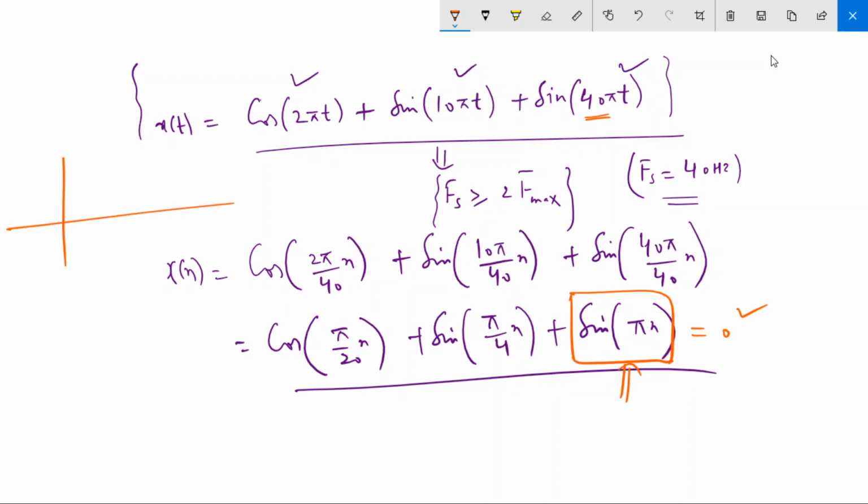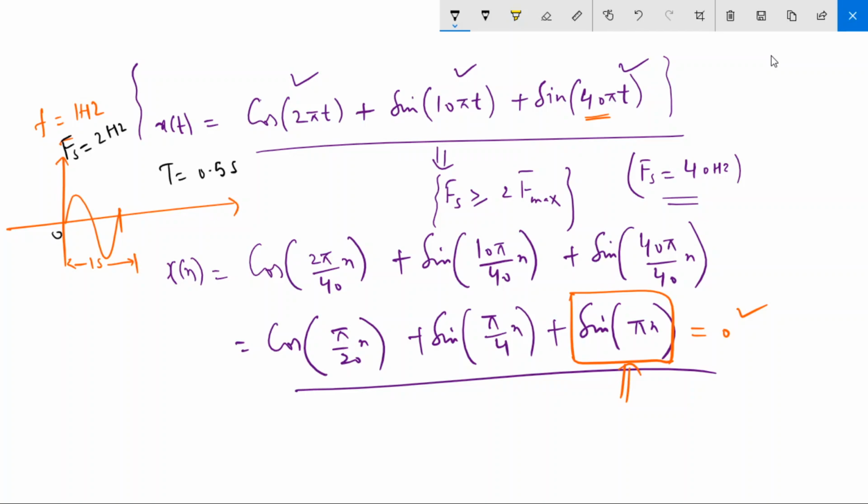This is true for any signal. Suppose you have a sine function with a frequency of 1 hertz, which means the period is 1 second. Let us suppose I choose the Nyquist frequency as the sampling frequency, that is 2 hertz. A 2 hertz sampling frequency means the sampling time is 0.5 seconds.